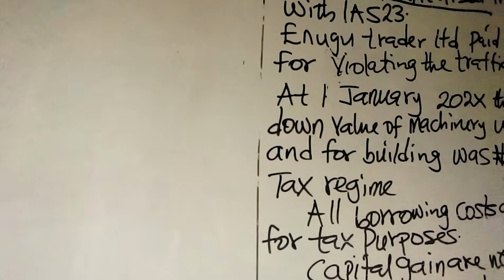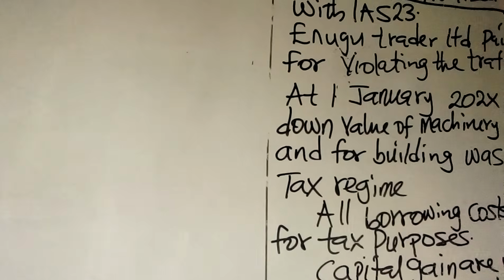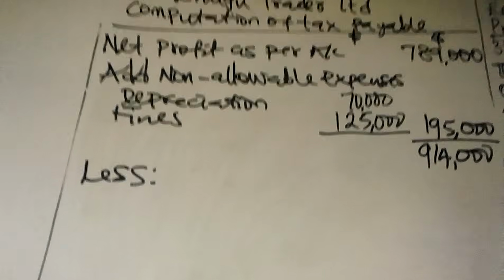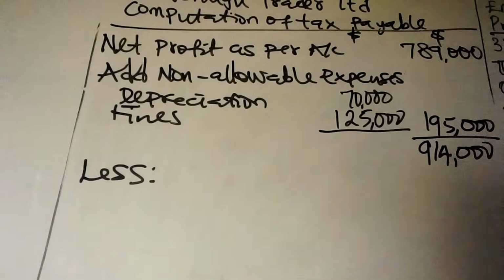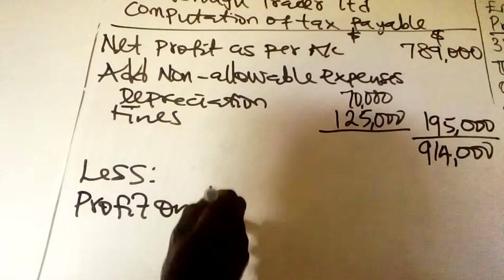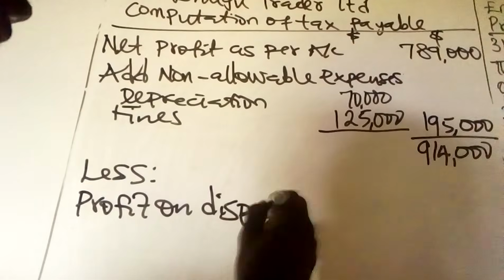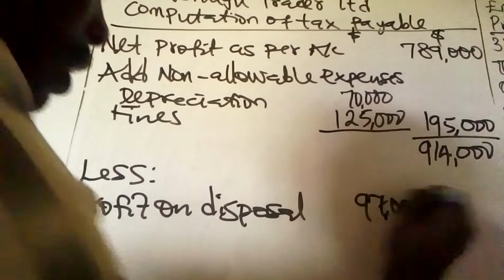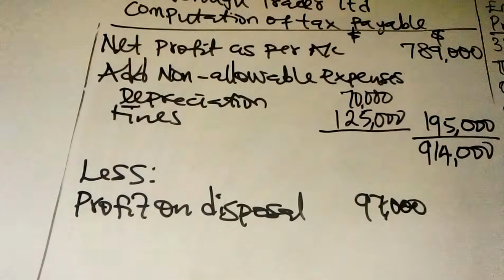Since it is not taxable, and it has been included in our accounting profit, you will need to deduct that. So we deduct the profit on disposal of 97,000.